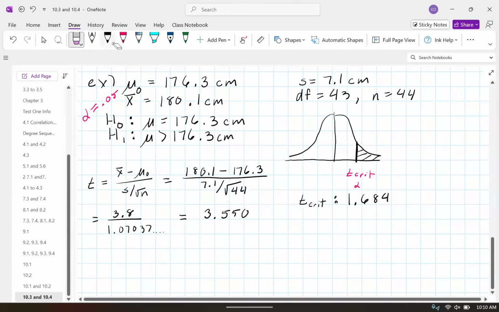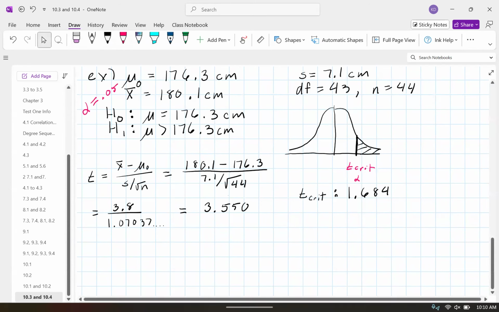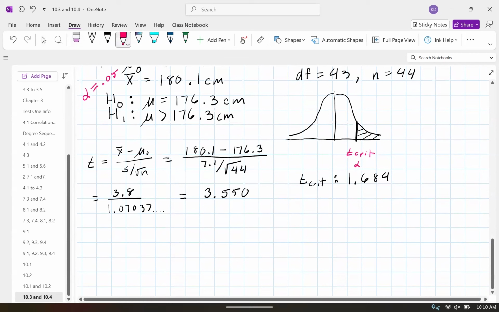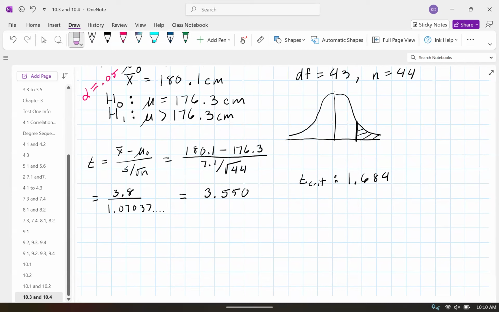All right, we'll come back and do the p-value method in a sec. Too much at once. This is my critical value, and we treat this as our 0.